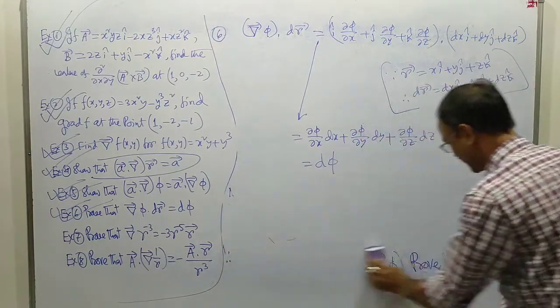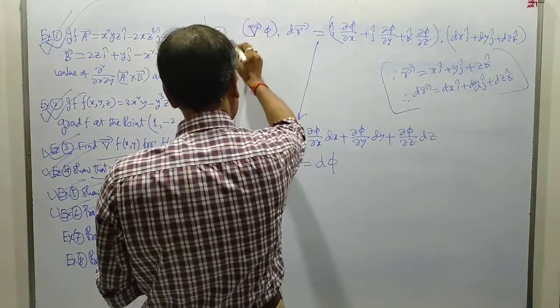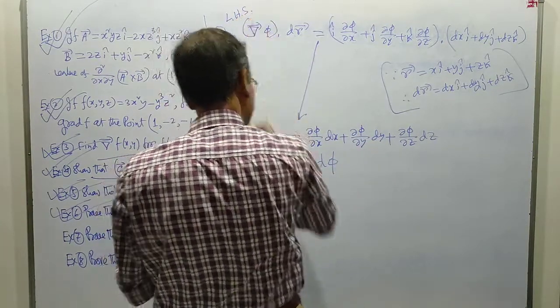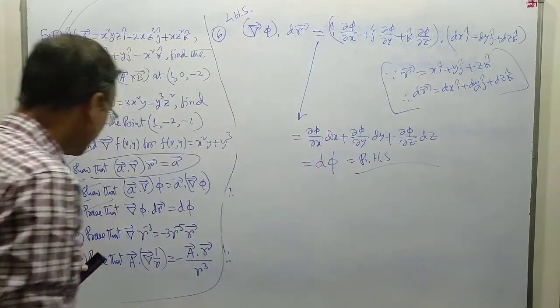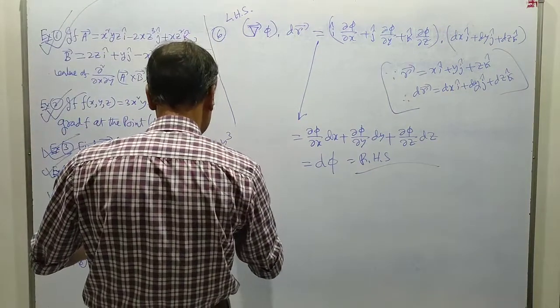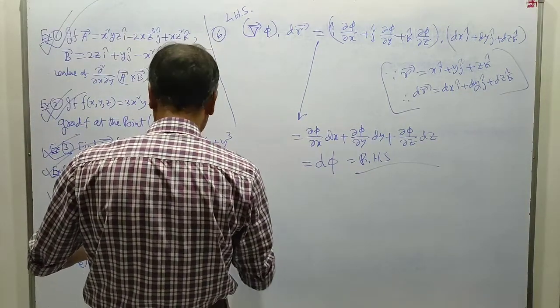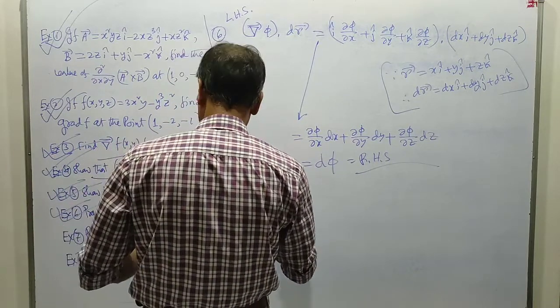Now come to number 7. We have proved such types of questions many times. Number 7: the gradient of r to the power minus 3 is equal to i cap ∂/∂x of r to the power minus 3 plus j cap ∂/∂y of r to the power minus 3 plus k cap ∂/∂z of r to the power minus 3.